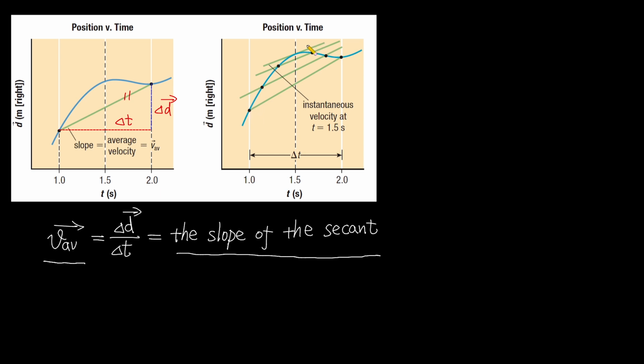For example, this line is the tangent line of the curve at 1.5 seconds, because this line intersects the curve at 1.5 seconds, and the slope of this line equals the slope of the curve at 1.5 seconds.